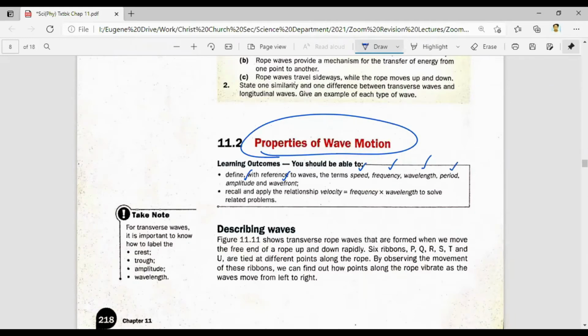So 6 different terms for you to pick up in terms of describing a wave. And actually there are still some more. The other one is you're going to learn how to apply this formula here, which is v, the velocity, equals frequency, f, times the wavelength, which we call lambda. Later on we'll go into it. So this is the formula that you realize in your exams keeps coming out. You need to get familiar with it.